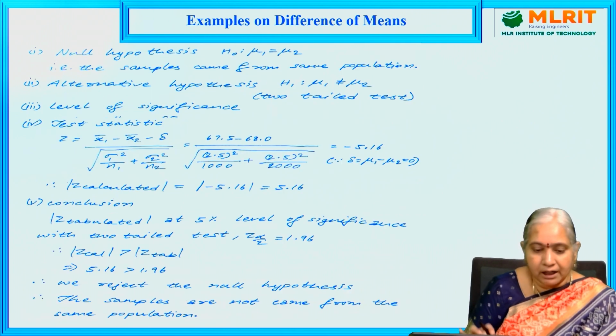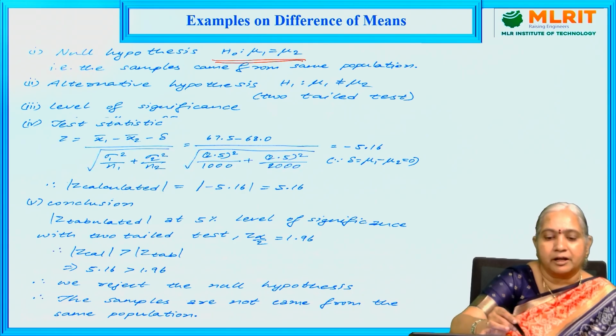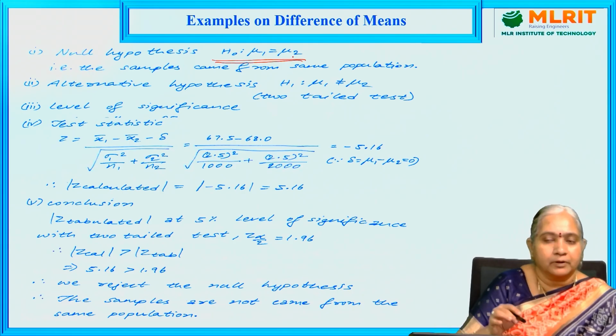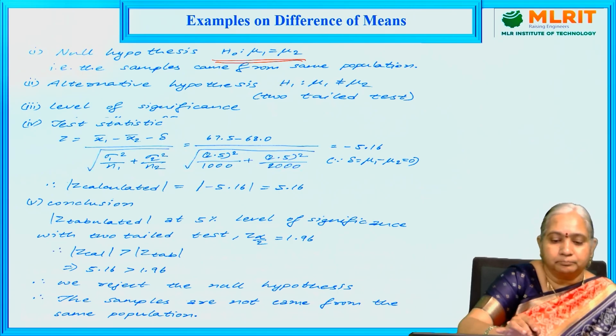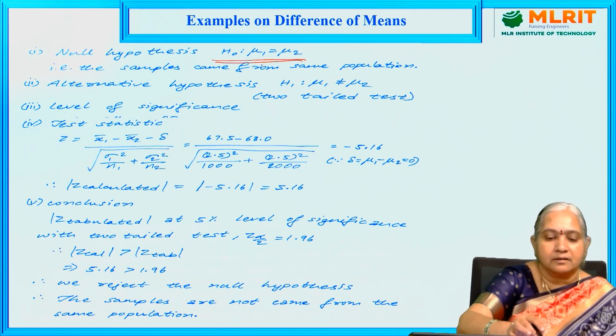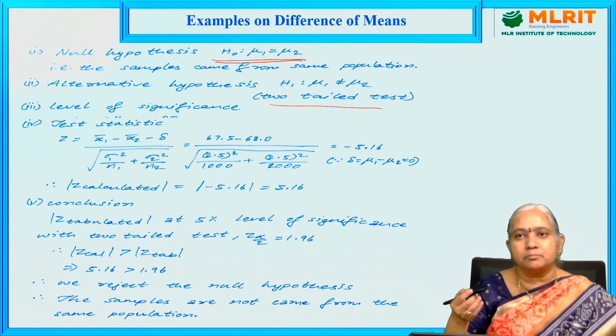Now we test the hypothesis. The null hypothesis we claim is mu1 equal to mu2: there is no significant difference between two population means, or these two samples are drawn from the same population which has the standard deviation 2.5. The alternative hypothesis is mu1 not equal to mu2, a two-tailed test: there is a significant difference between population means.